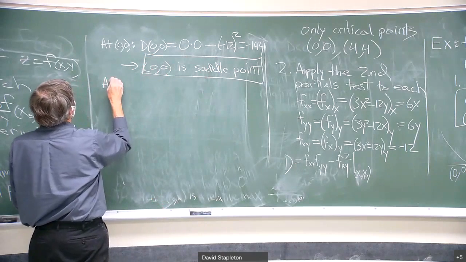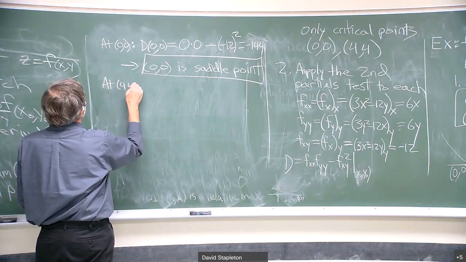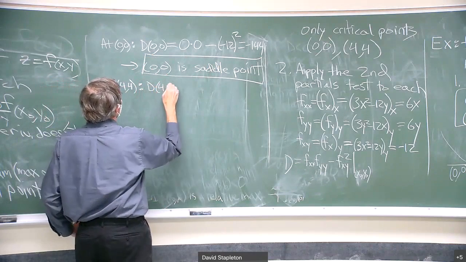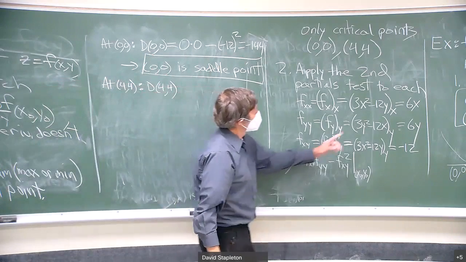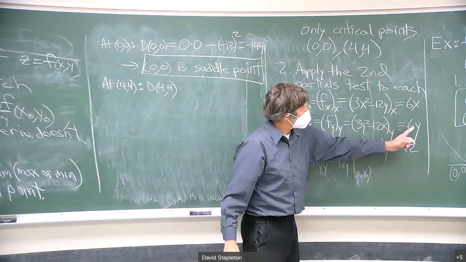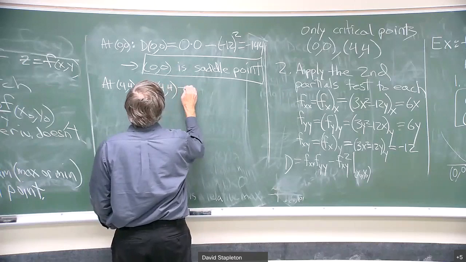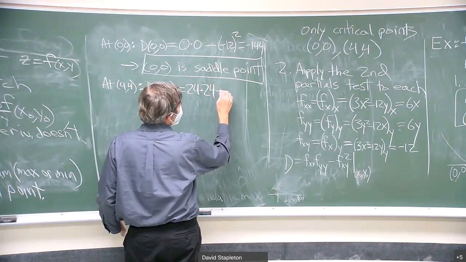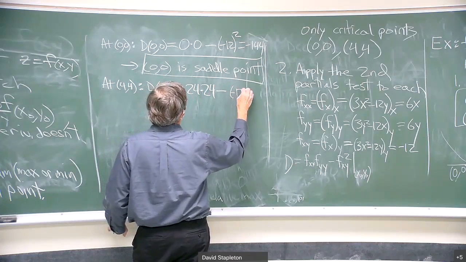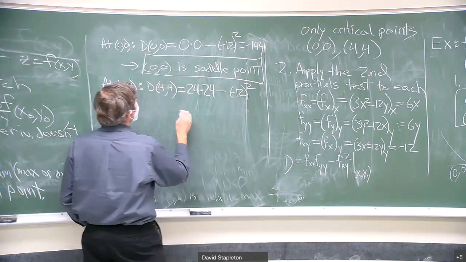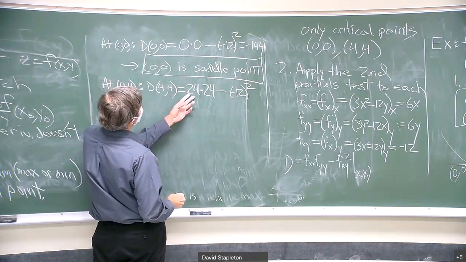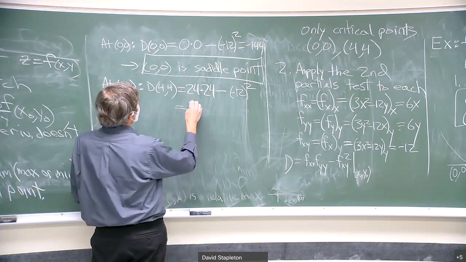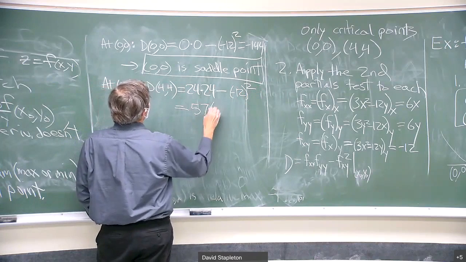Now we try the other point, at the point 4, 4. D of 4, 4, let's see. 6 times 4 is 24, 6 times 4 is 24, so fxx is 24, fyy is 24, and then we subtract off fxy, negative 12 still squared, 144. 24 times 24 is 576, is that right?